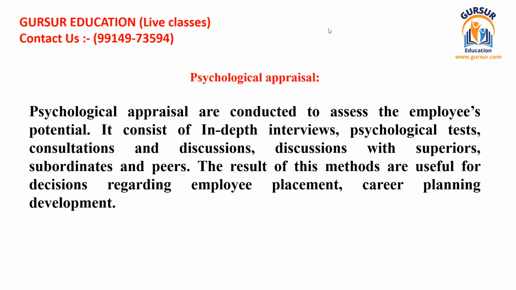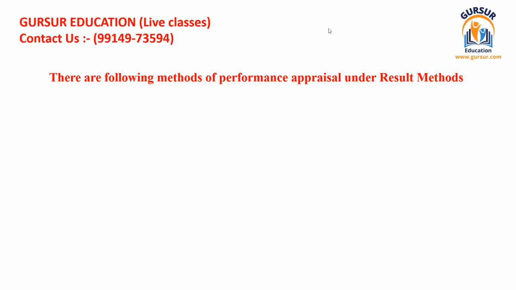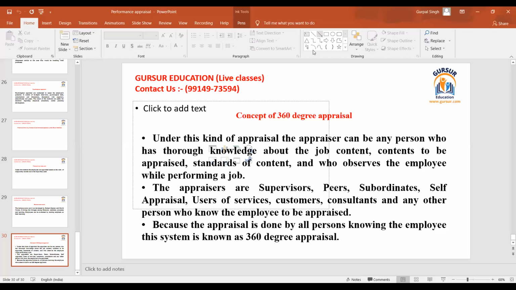Then I taught you the result methods, and finally we did the 360-degree appraisal. So it was the complete detail regarding what you have to understand and go through from this lecture. I hope you liked this, and it is very important to understand.